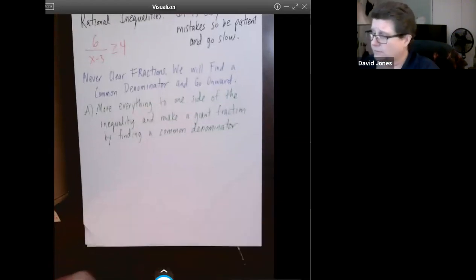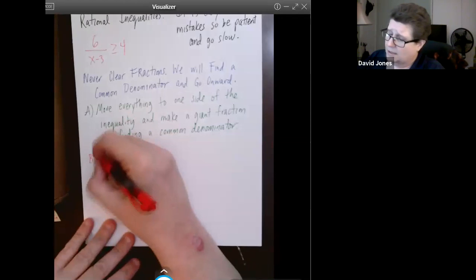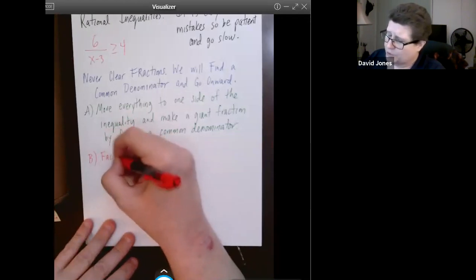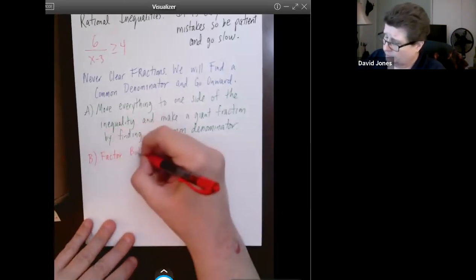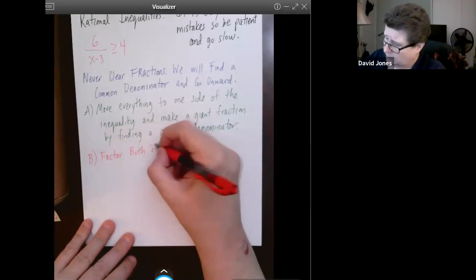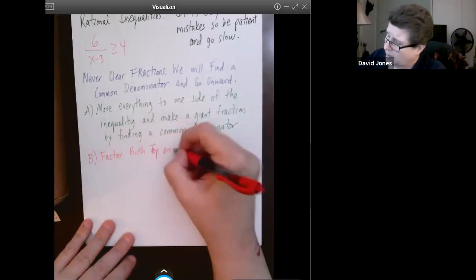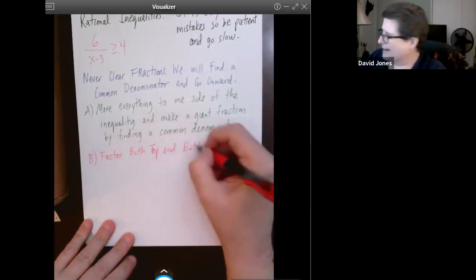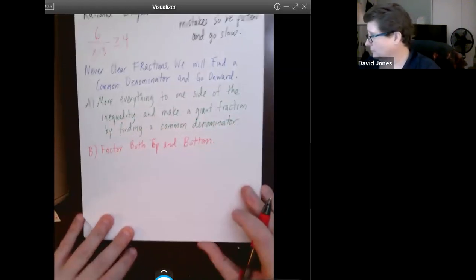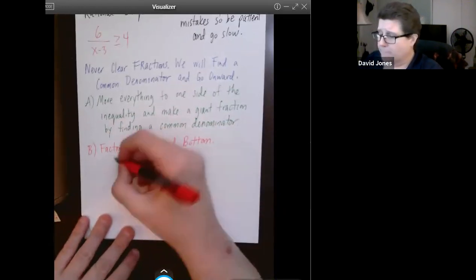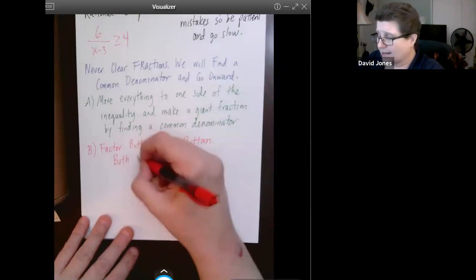Then, factor both top and bottom, or numerator and denominator. Both yield critical values.